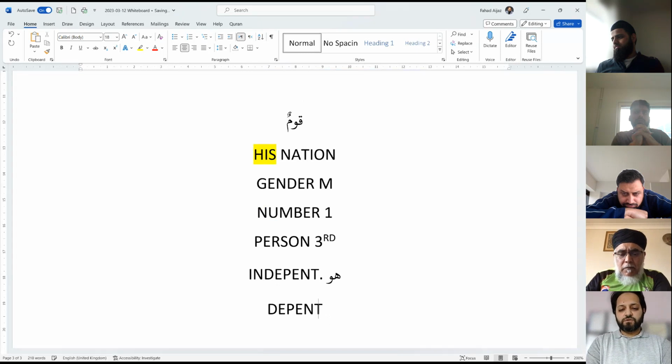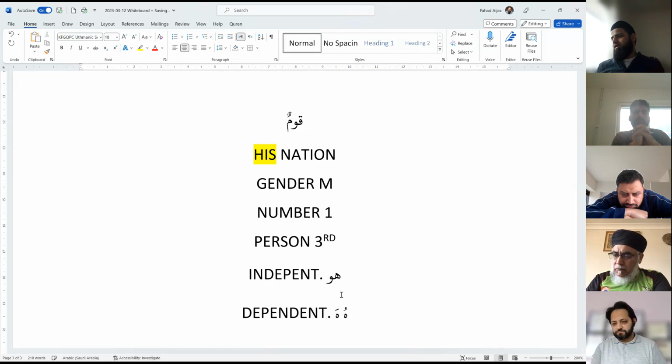What is the dependent form of huwa? Hu or hi, right? You know this. Now you have nailed down his, and you know the word nation, which is qawmun, and you want to make an idafa construction out of it.